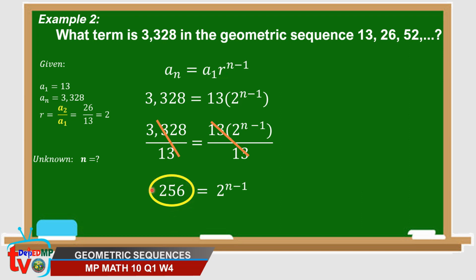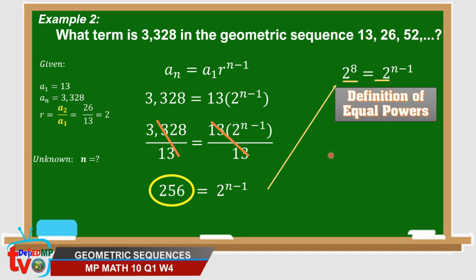So, how many times are we going to multiply 2 by itself to get 256? 256 in exponential form is 2 raised to 8. The resulting equation then is 2 raised to 8 equals 2 raised to n minus 1. Notice that both expressions have the same base of 2.